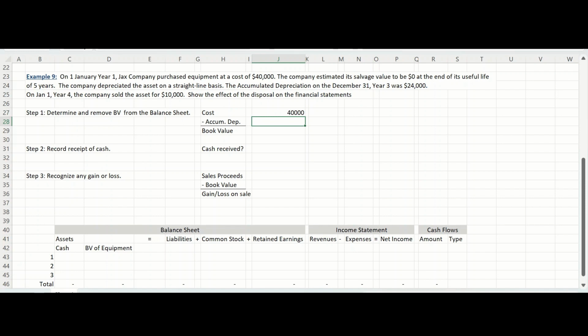And then the problem tells us that the accumulated depreciation the day before the asset was sold was $24,000. And we know the depreciation is only calculated at the end of every year, so there was no adjustment to this amount. So then we have $40,000 cost less $24,000 accumulated depreciation gives us $16,000 book value.